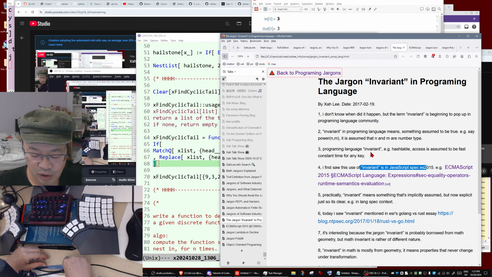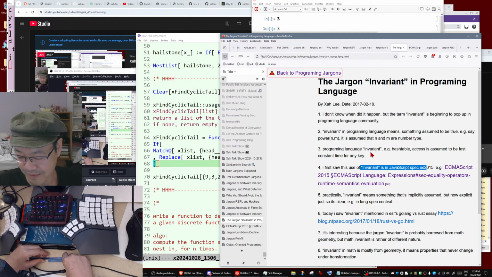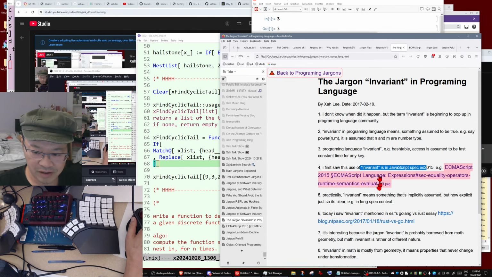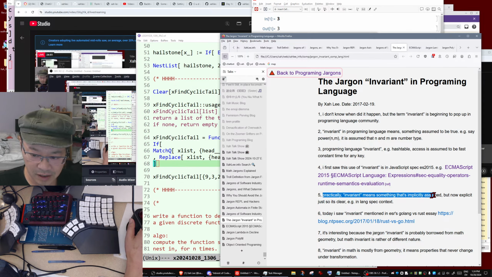It's something assumed to be true. Still a fuzzy definition. But anyway, this is the first time I see the invariant jargon mentioned. Fifth, practically, invariant means something that is implicitly assumed, but now explicit just so it's clear, for example, in language specification context.